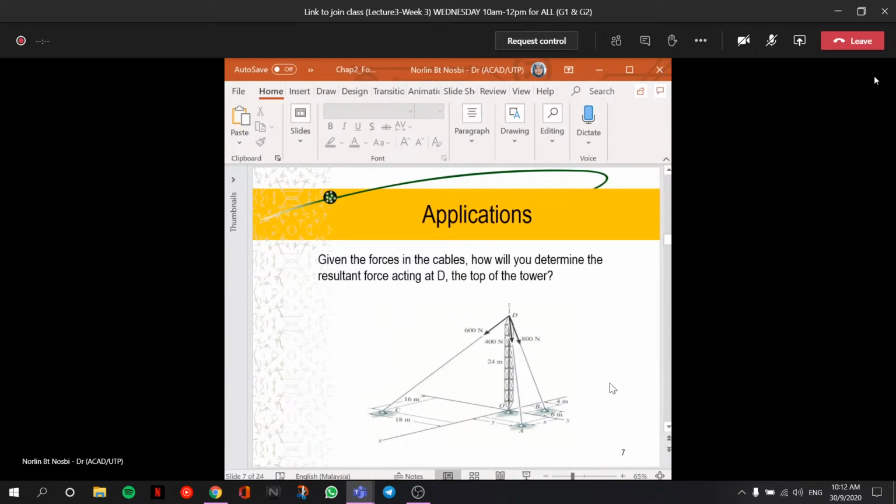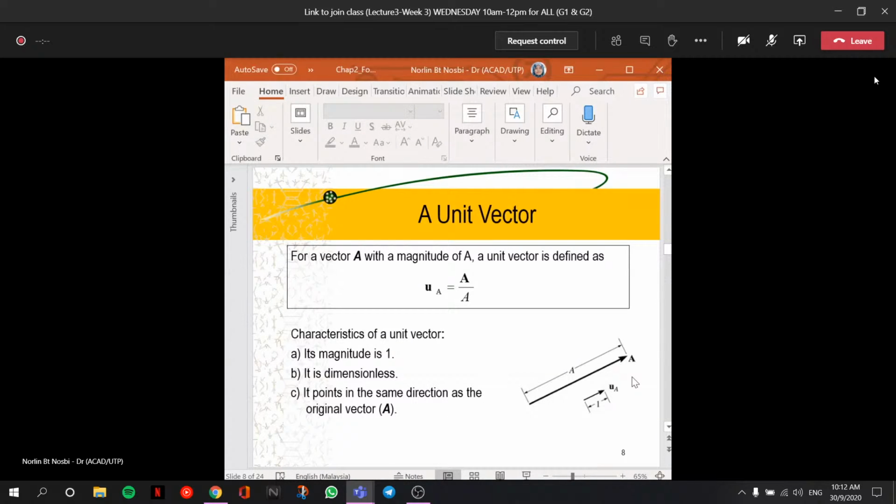Now let us look at the unit vector. Last week you learned about the magnitude. Do you know the difference between magnitude and vector? You learned this during foundation. The magnitude is the value of the vector along this vector.